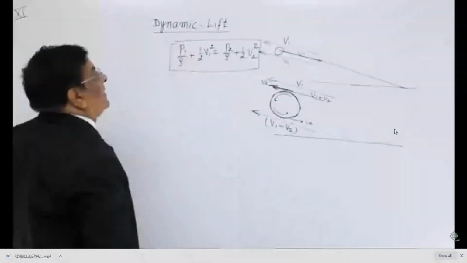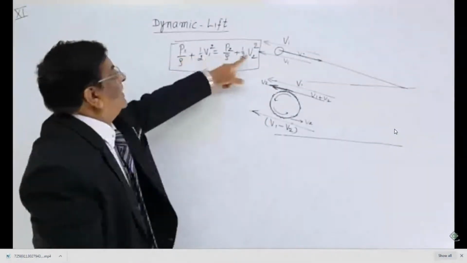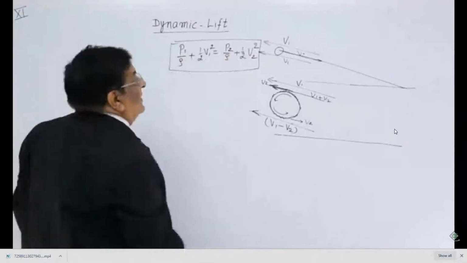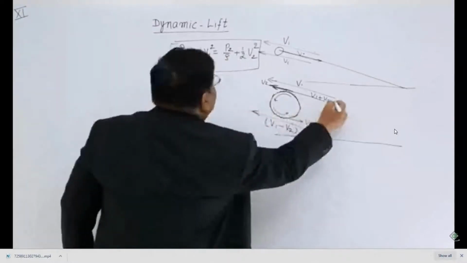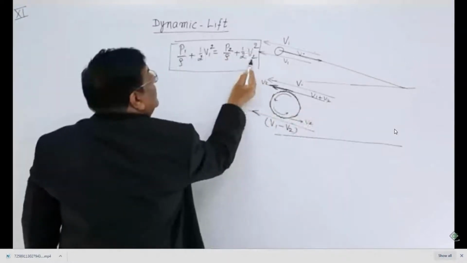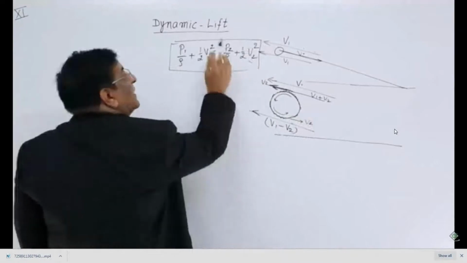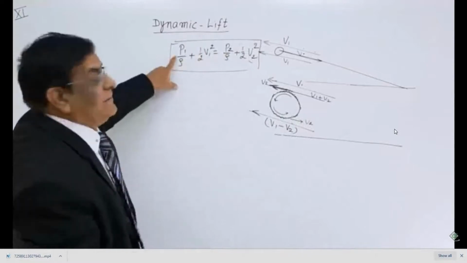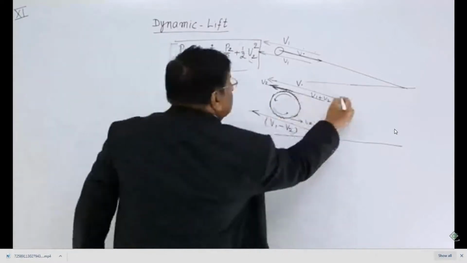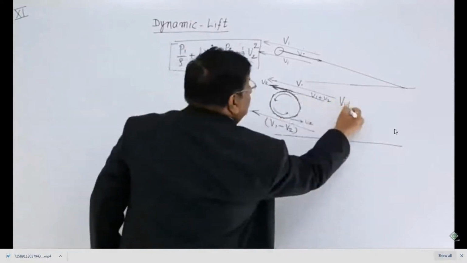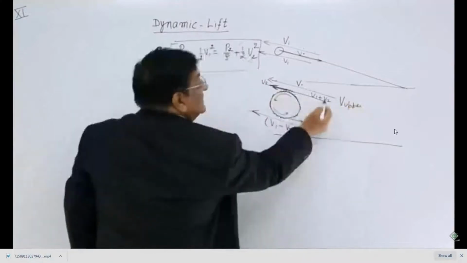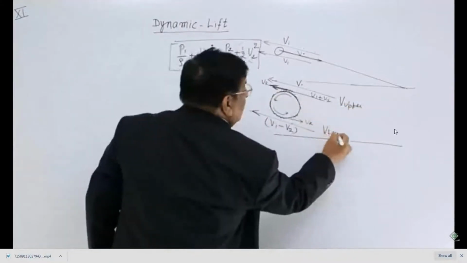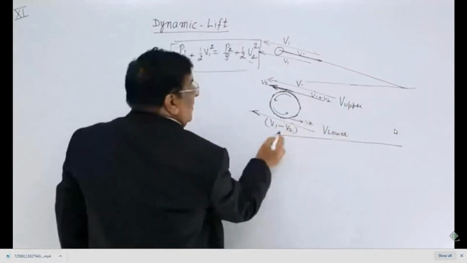Now in this, if this velocity becomes larger, what will happen to the other? It will become smaller. So here what we see, the velocity on the upper layer is large, and the velocity at the lower surface is small.